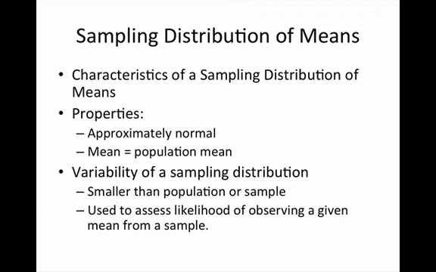This distribution is approximately normal, meaning that it has that nice symmetric unimodal bell shape, and its mean is equal to the population mean. The variability of the sampling distribution is smaller than the population or the sample, and it's used to assess the likelihood of observing a given mean from the sample.